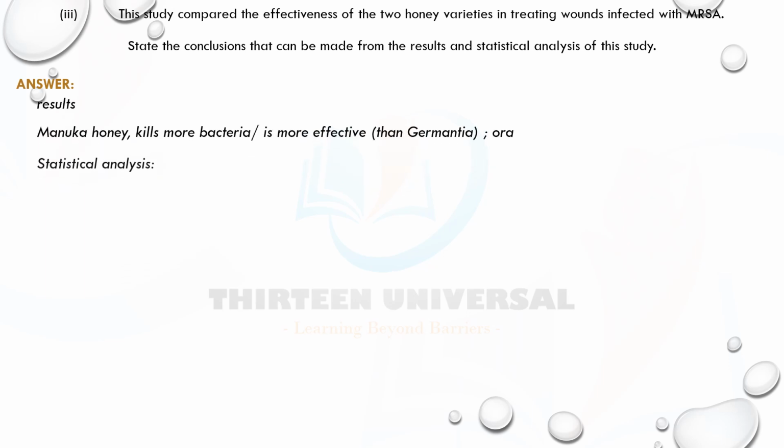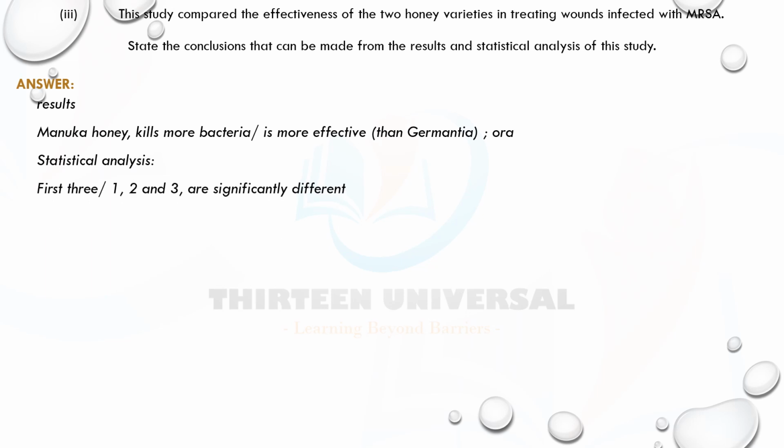And if you check a general trend there, the Manuka honey has more effectiveness in inhibiting the growth of B subtilis than Germania. That's a general trend. But you see, 5 to 4 or 4 to 5 is not significant, according to the statistical table. All right, look at it. Kills more bacteria, more effective.